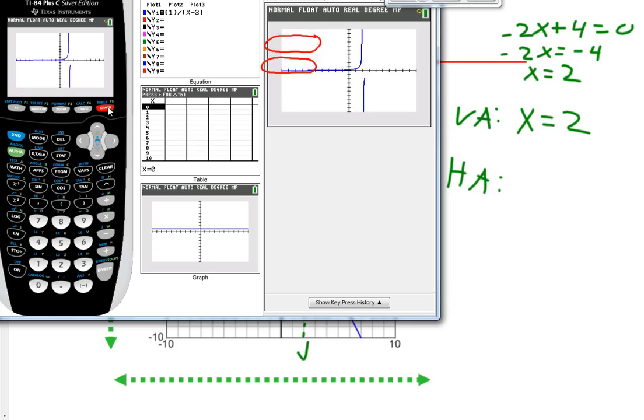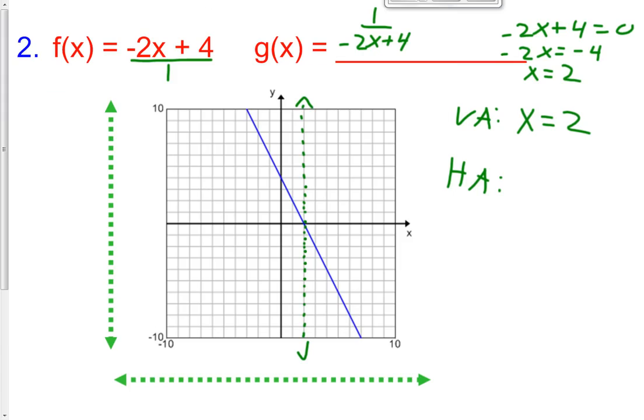Hopefully our vertical asymptote of x equals 2 shows up. There it is. Very good. And then once again, our horizontal asymptote is the line y equals 0. We have that going on again. So y equals 0 is going to be our horizontal asymptote.